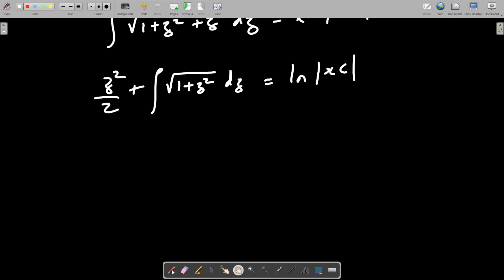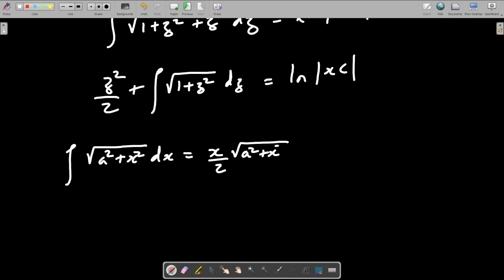The formula for this integral, the integral of root over a square plus x square, is x by 2 root over a square plus x square plus a square by 2 log of, not the entire expression, sorry, it becomes x plus root over x square plus a square, plus c.